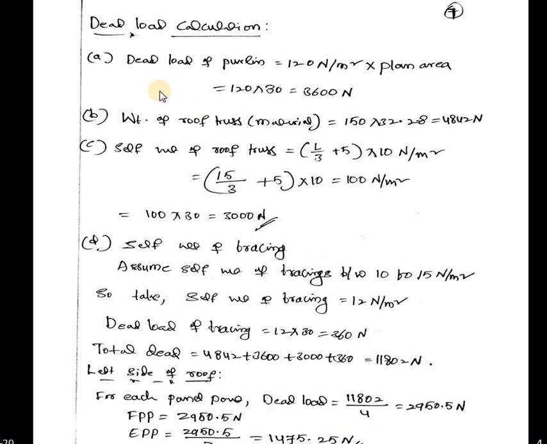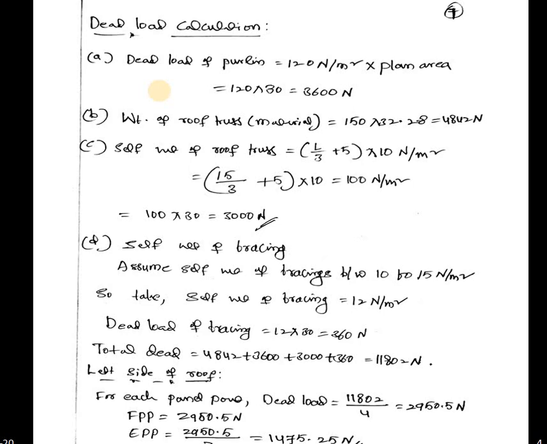This is dead load calculation. You may get this type of question till here. And if he asks to determine dead load as well as imposed load as well as wind load in one question only, there might be chances.